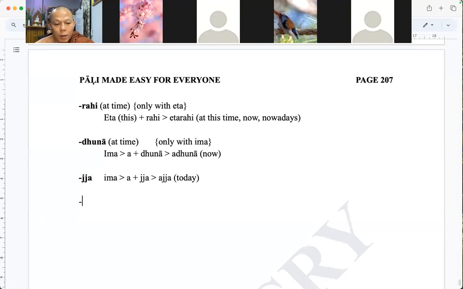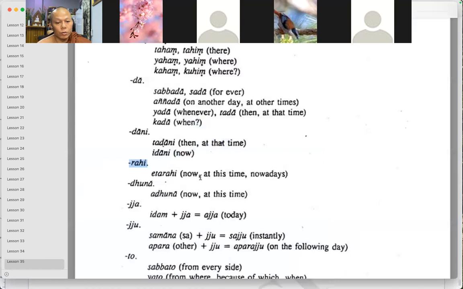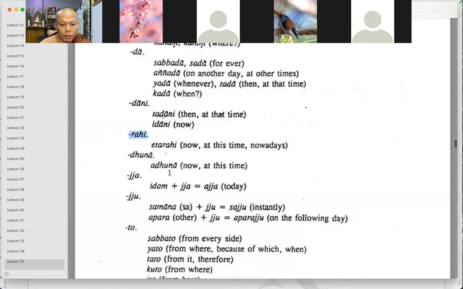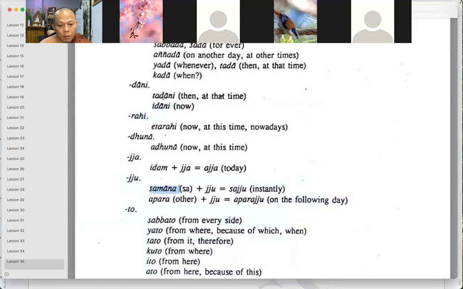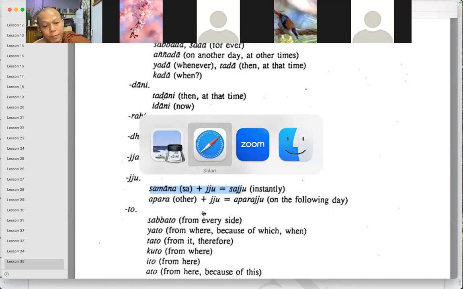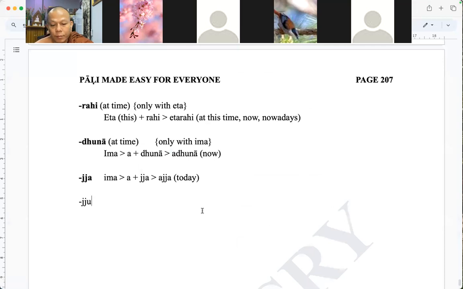And then after the ija and the ja and after the ju also, you see, samana, sitja, sitju, abarija, abariju. So samana means also currently. So samana or present being.